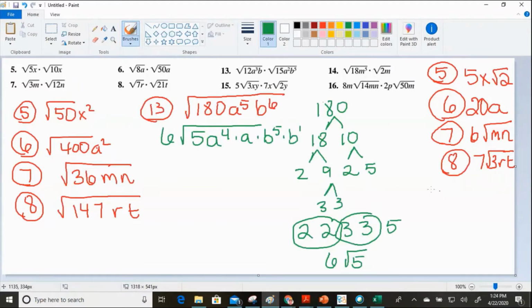Okay, so number 13. I have a 6. Okay, A4 can pull out. That is A2. You know what? I didn't even do that right, because the 6 was already positive, so there was no reason for that.